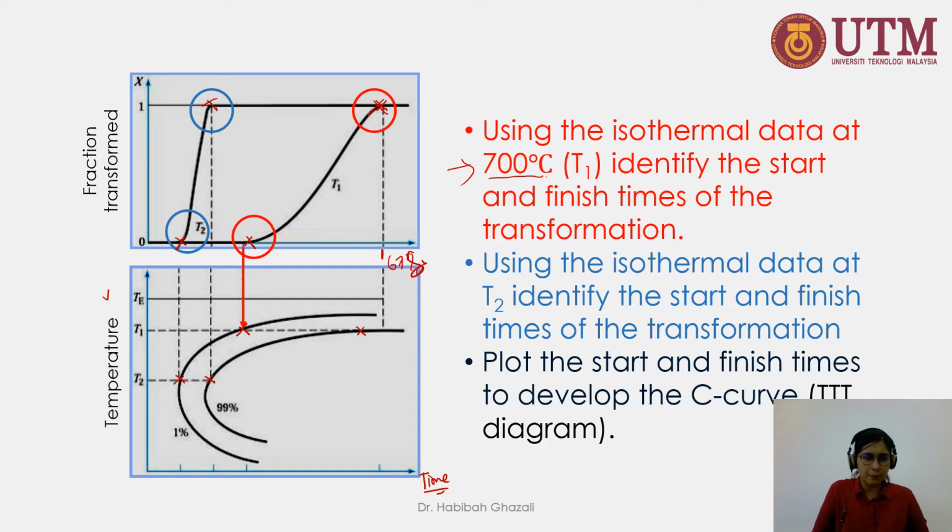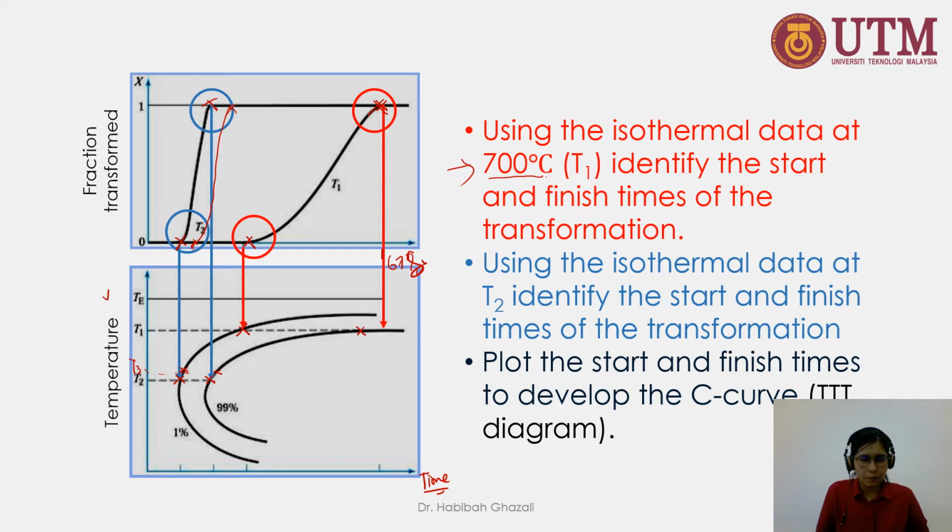So they repeat the same experiment at a different isothermal temperature. They will probably do another one, T3, which has this curve in the fraction transform versus time graph, and they transfer the data from this graph to the other graph. For T3 here, above T2, it will begin here and it will end here.